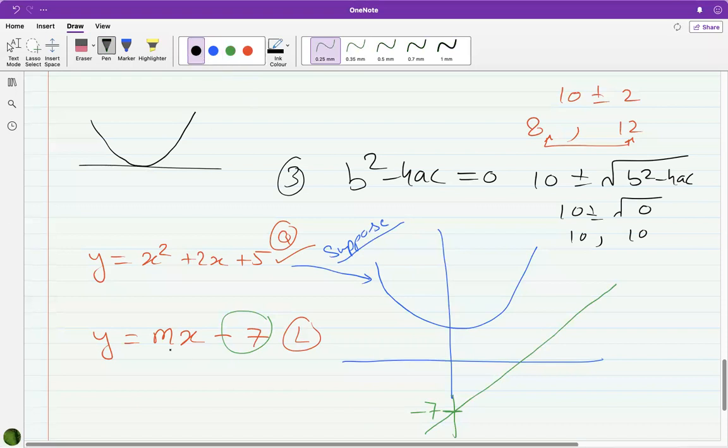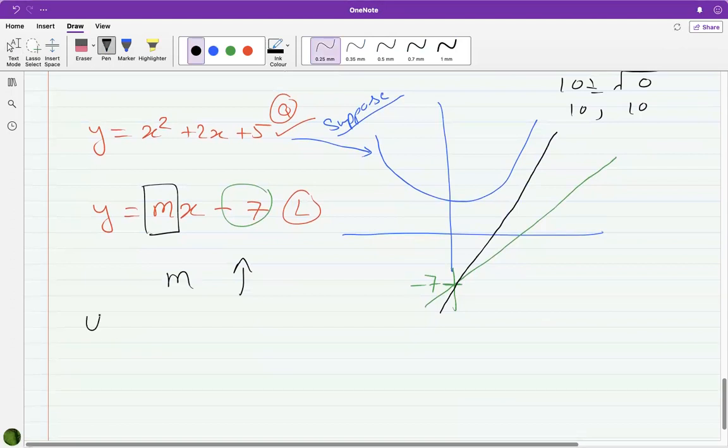If the value of m increases, will you accept that the line goes from green to black? Which value increases? Value of m, the value of gradient. The line becomes steeper, the slope increases.